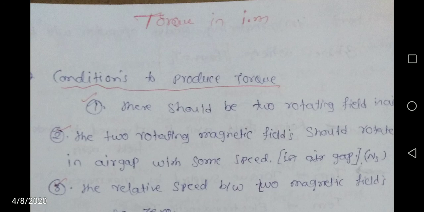Rotor input power P2 is wasted in the rotor as PCU, and the remaining power is the gross mechanical power PM. PM is available at the shaft after mechanical losses.